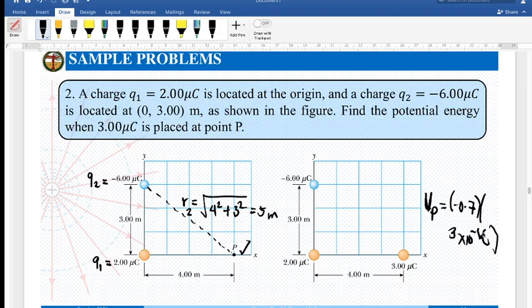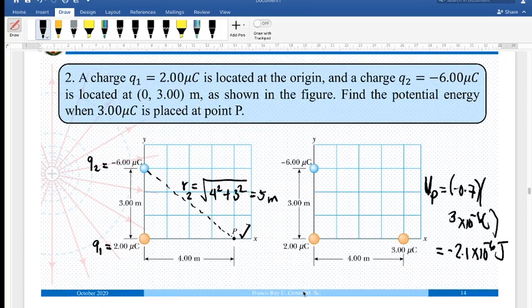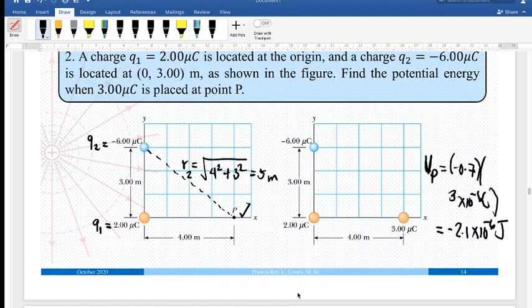So how much is that? That is equal to negative 2.1 times 10 to the negative 6 joules. So again, it is negative.